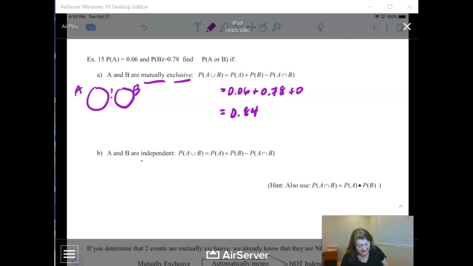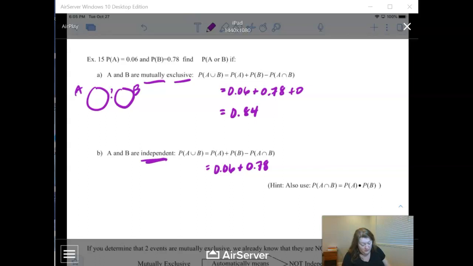A is still 6, B is still 78. Now we're going to look if they're independent. So remember, independent is just a separate question. Independent just says they have no memory. So again, we can start out with the probability of A is 0.06. The probability of B is 0.78. Now, in independent, there might have been an overlap. So how do I go and figure that one out?